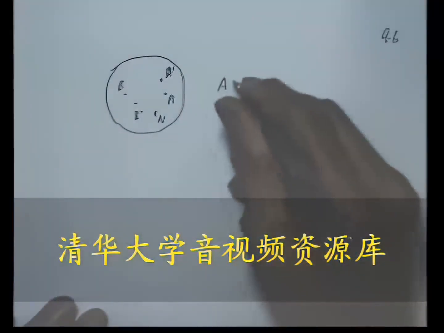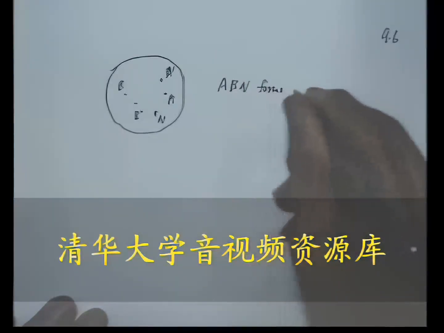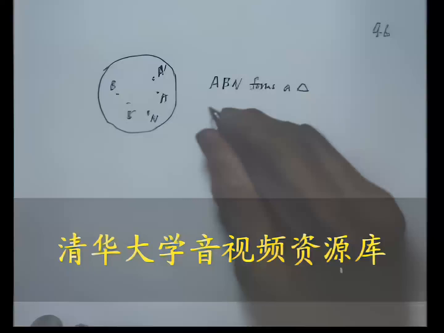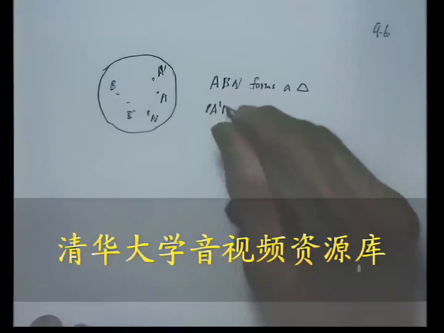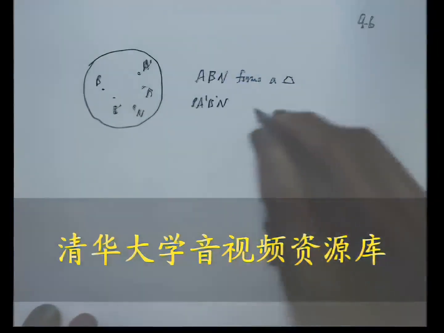So A, B, N forms a triangle. A prime, B prime, N forms a triangle.